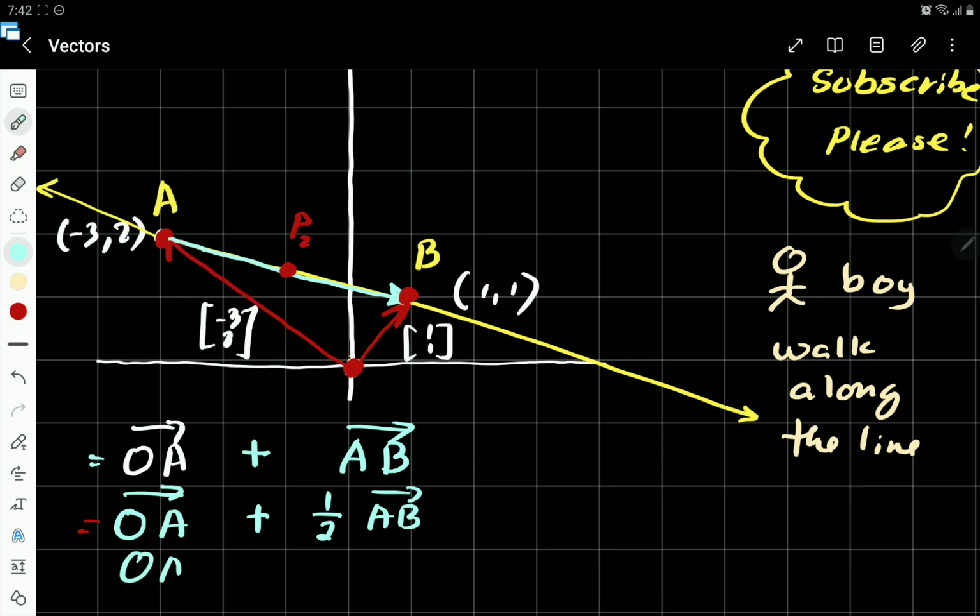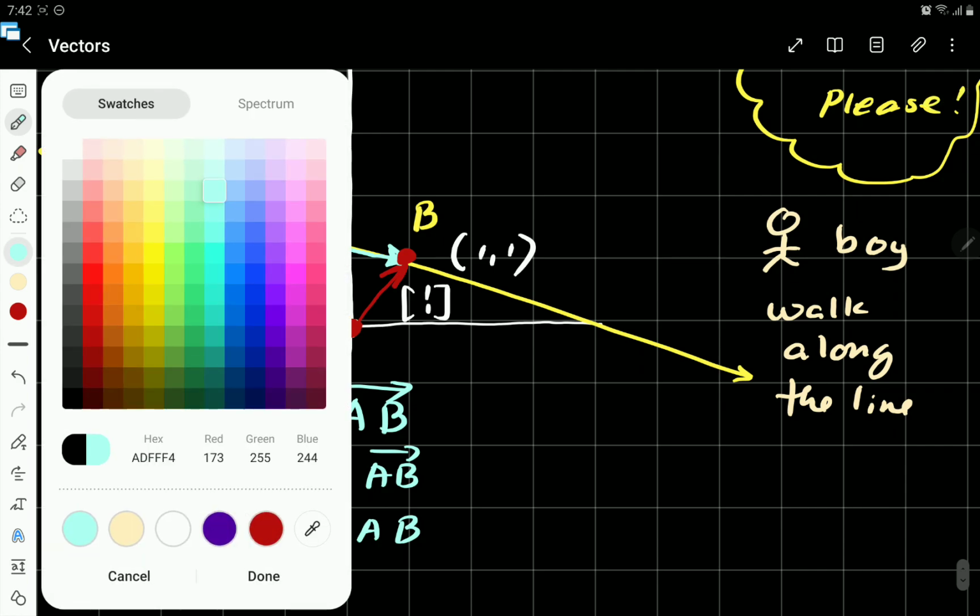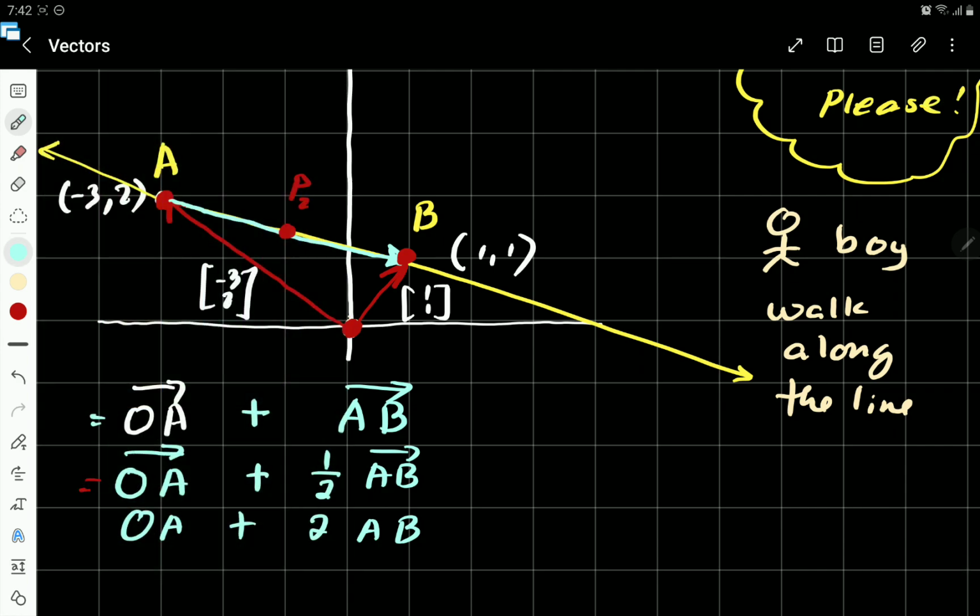What if the boy says, what if I walk 2 times my AB? Because it is 2 times AB, he will walk twice as much as AB. So therefore the boy will land on this position.